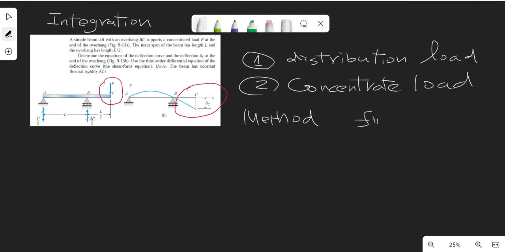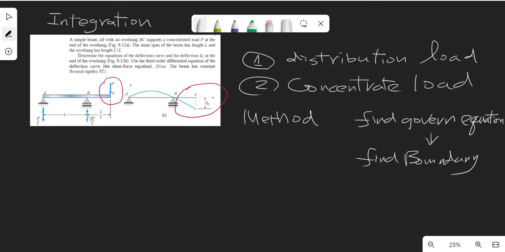Find the governing equation, and then find the boundary conditions, and we can get the solution.